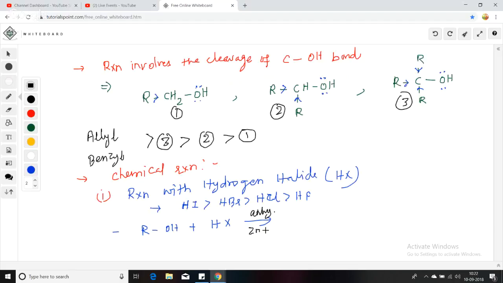And this gives you the product RX plus H2O. The very most important point we have here is that these reactions follow nucleophilic substitution reaction.